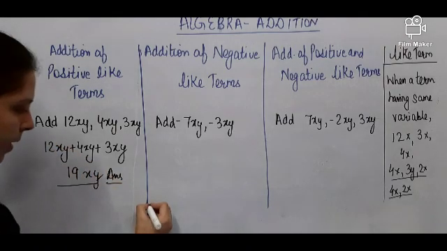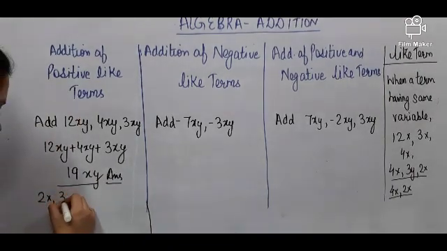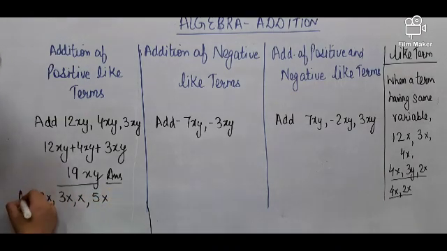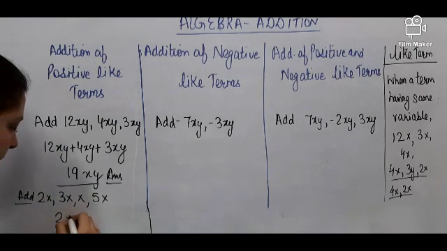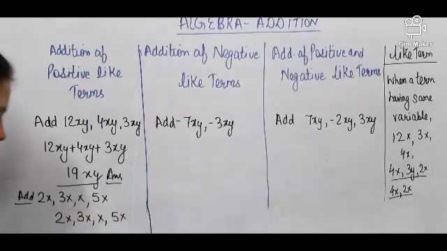Let's take another example. Suppose I have 2x, 3x, x only and 5x, and I have to add up all these. Okay. So yes, let's see how we'll add it. 2x, 3x, x and 5x.